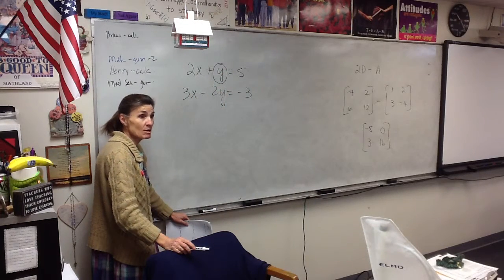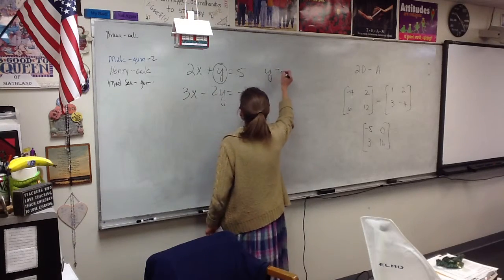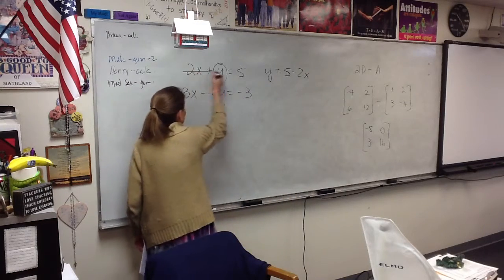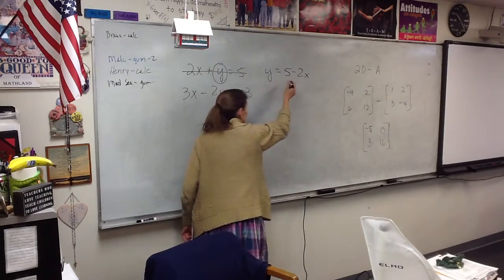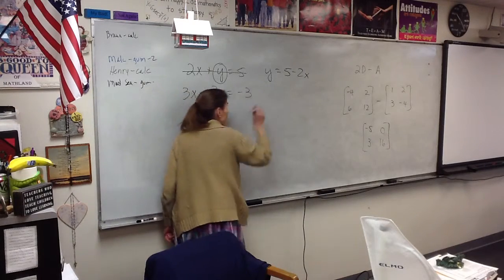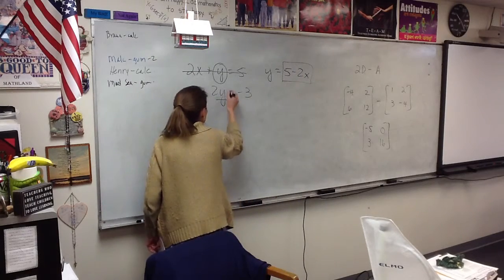Because it's a plain y. So I'm going to subtract, so y equals 5 minus 2x. I'm going to cross this equation out because I've rewritten it this way. And I rewrote it that way so that I could take this and plug it in right here.